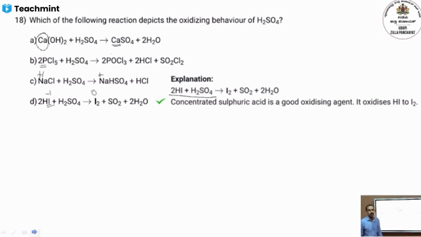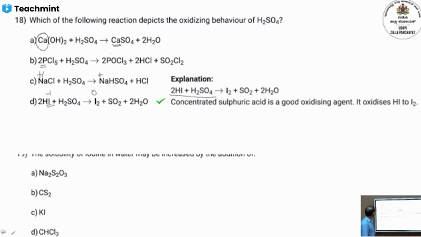And the next one is, the solubility of iodine in water may be increased by the addition of Na2S2O3, carbon disulfide, KI, or CaCl2.